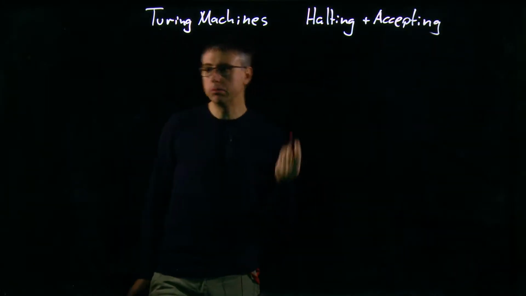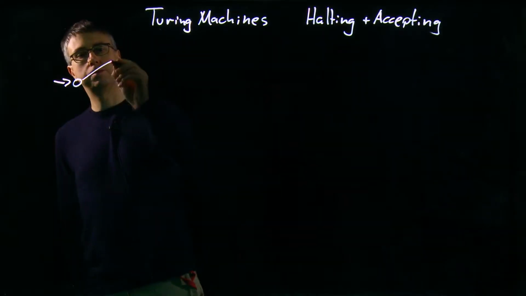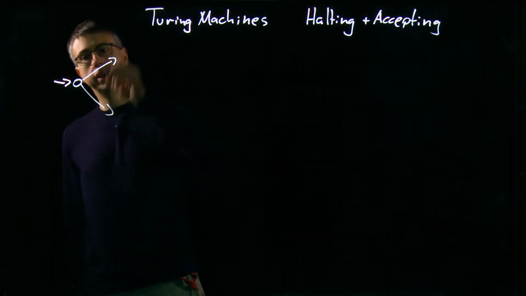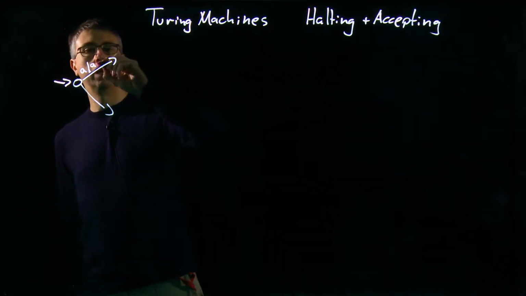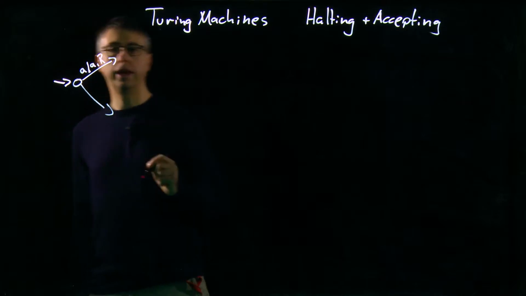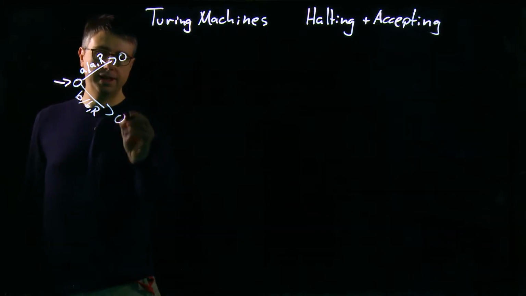Let's take a Turing machine like this one here. We have an initial state, and at first the Turing machine can read, for example, an A, write an A and move the head to the right, or if it reads a B, it goes to this state.